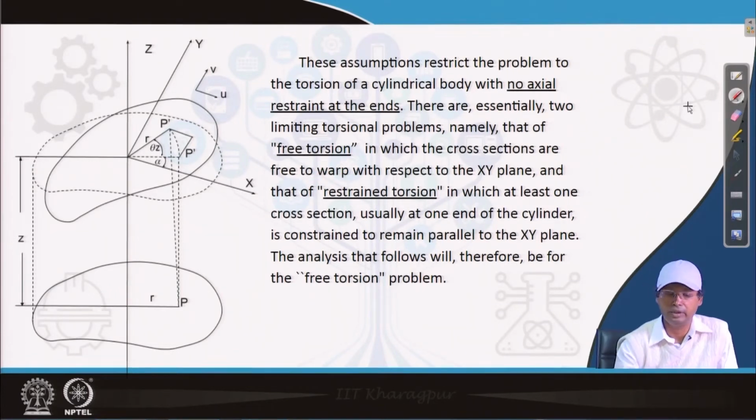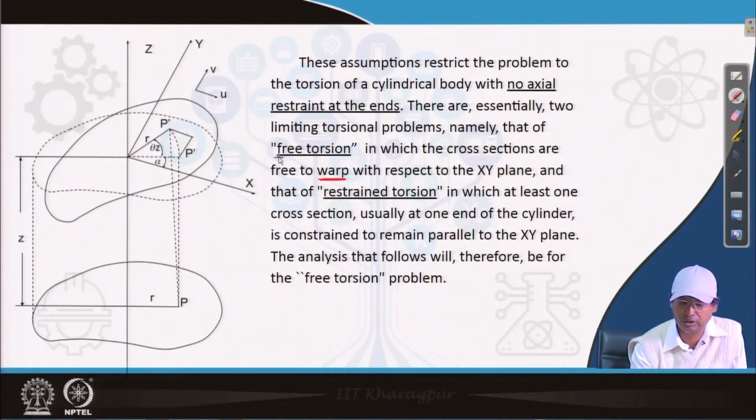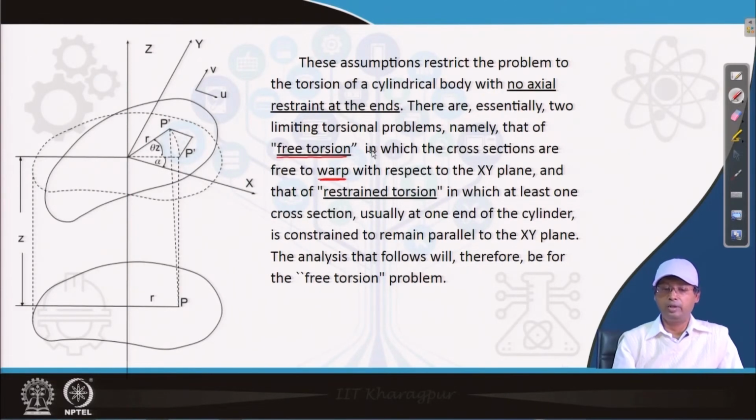Please note that in case of free torsion, sections are free to warp or free to deform out of plane with respect to the xy plane, and that of restraint torsion, in which at least one cross section, usually at one end of the cylinder, is constrained to remain parallel to the xy plane. So, here what we are considering is that no plane is restrained.